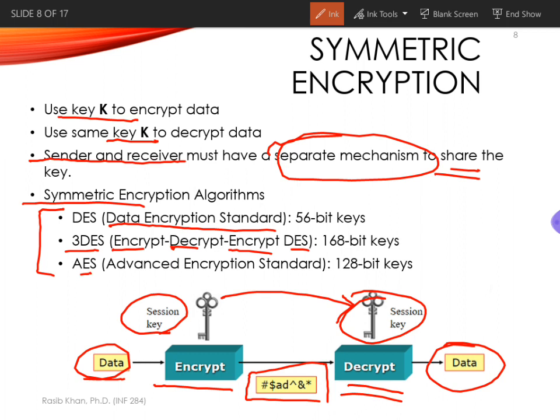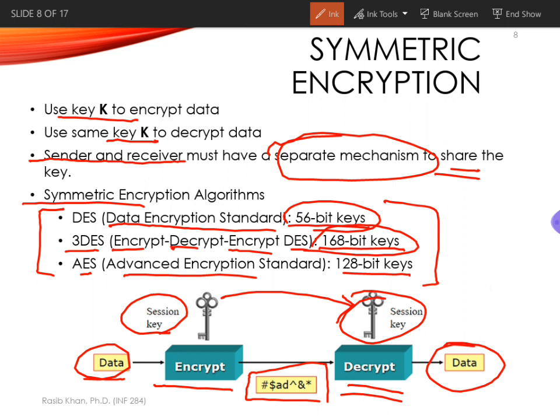And then the other one is AES, short for Advanced Encryption Standard. The difference between these versions is basically the length of the keys they can use. DES uses 56-bit keys, 3DES uses 168-bit keys, and AES uses 128-bit keys. These are the lengths of the keys being used to encrypt and decrypt the data.